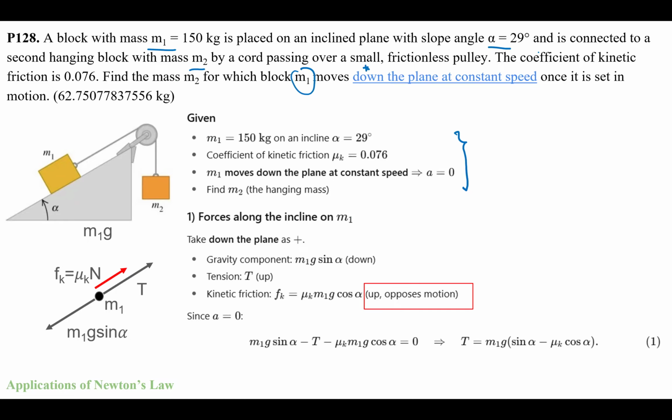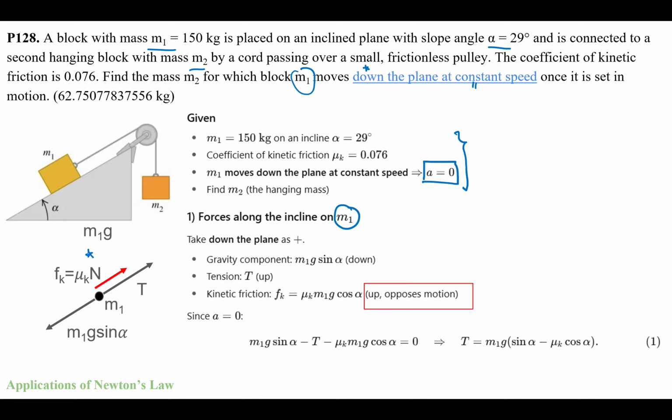And then once again, constant speed means that the acceleration is 0, okay, for both M1 and M2. And then let's look at the force along the incline on the M1. Then we have the gravitational force moving downward, and a tension moving upward.